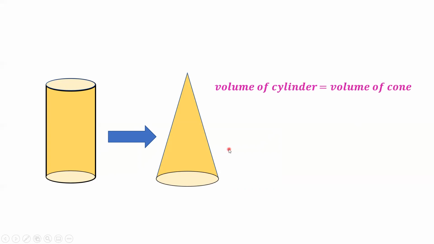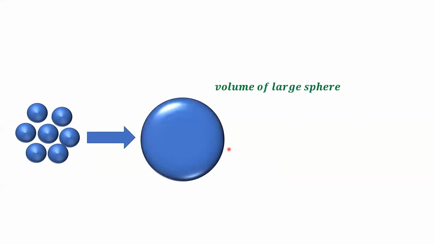And also, if you melt some small spheres and make a large sphere, then the volume of the large sphere is equal to the sum of the volumes of all the small spheres. Okay, students. So we have to remember that if an object is changed from one shape to another shape, then its volume remains unchanged.